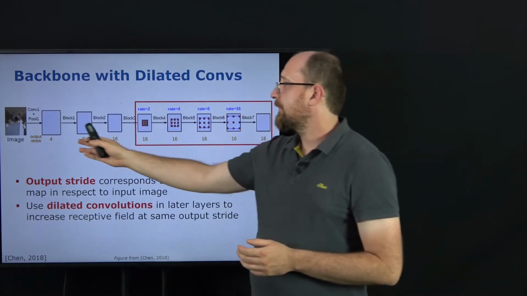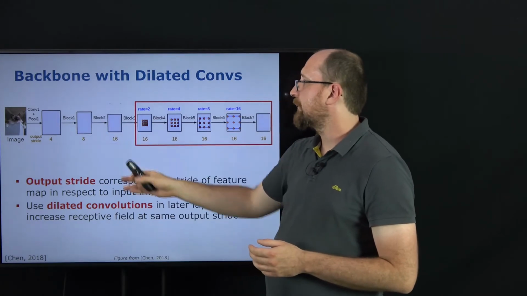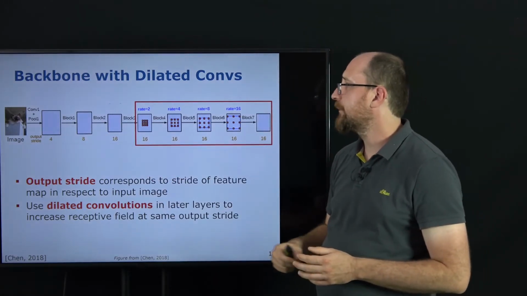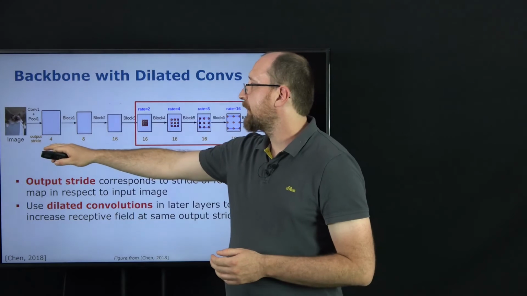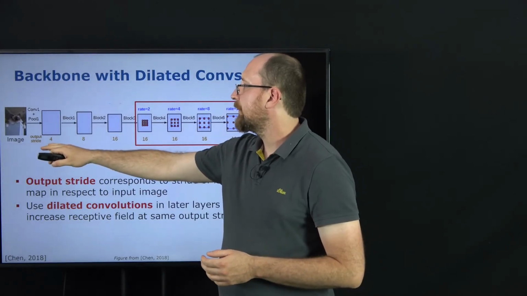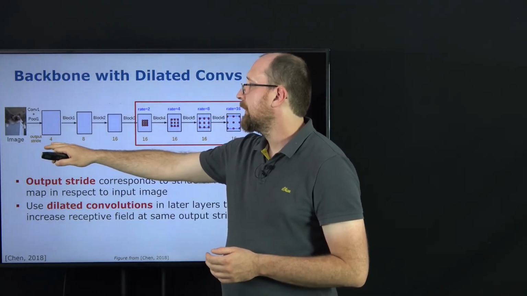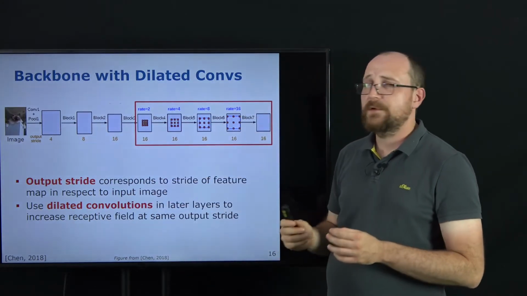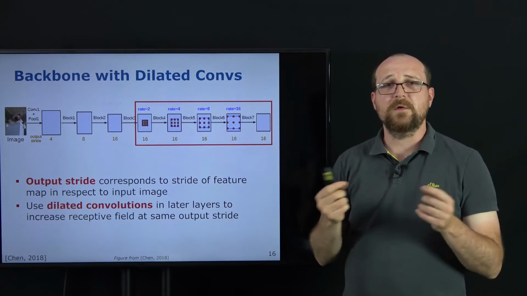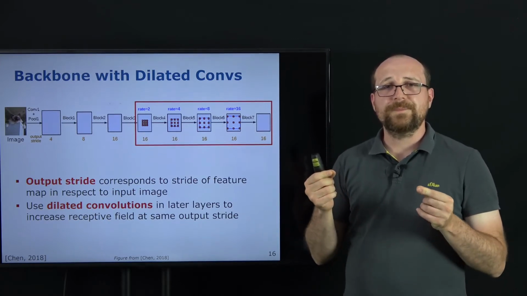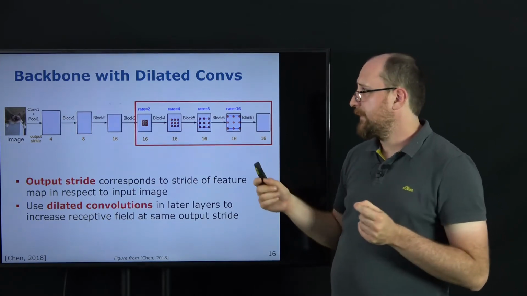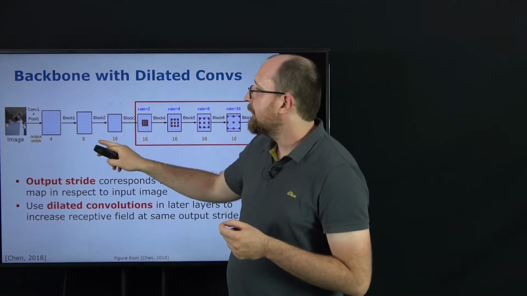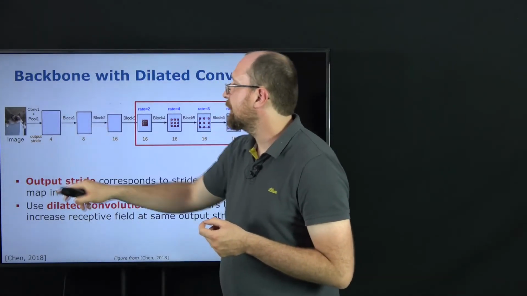In the beginning, we have the normal downsampling with max pooling or strided convolutions, and with each pooling operation we are increasing the output stride, from 4 to 8 to 16. Output stride means how large the stride is in relation to the original image.